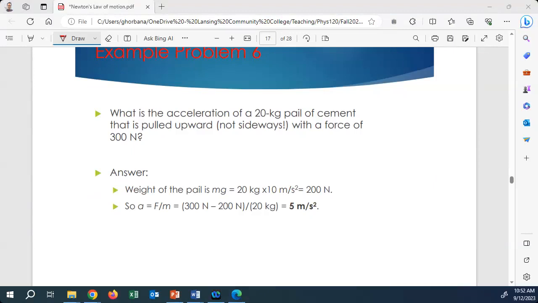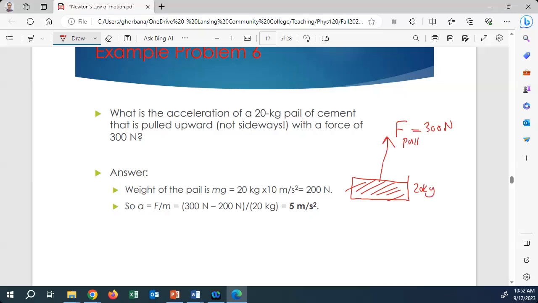Again, what is the acceleration of a 20 kilogram pail of cement that is pulled upward? Let's say we have a pail of cement. It is 20 kilograms and is being pulled, let's say F pull, with a force of 300 newtons.